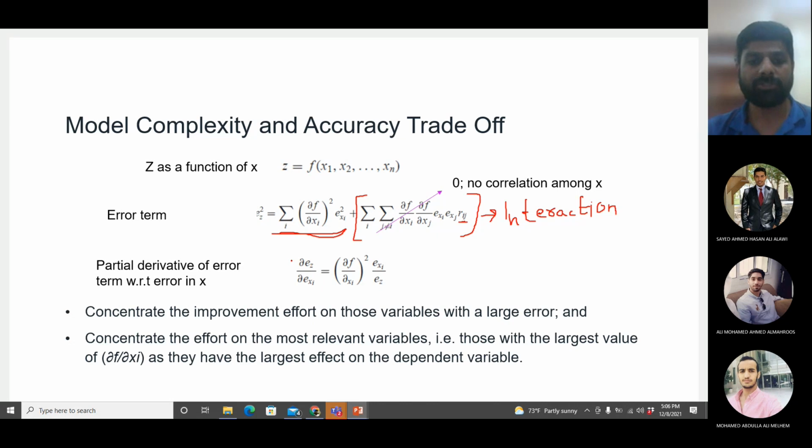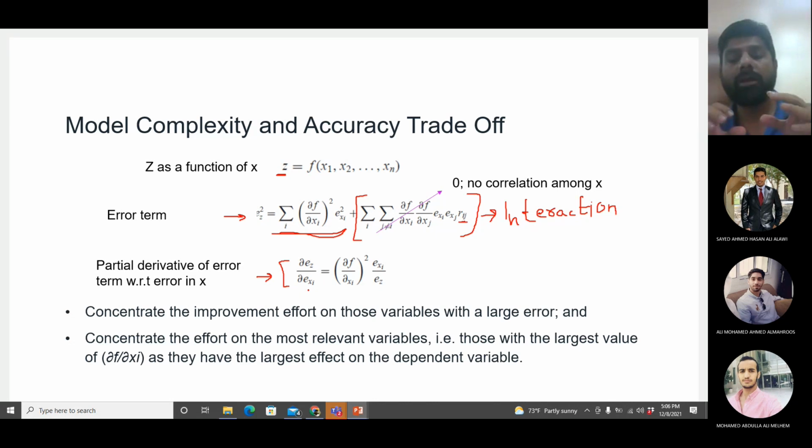This equation is telling you how much error of measurement of x1 or xi will cause in the overall result of z. So this is the overall error of the entire equation, and this is the error caused because of measurement of one variable.